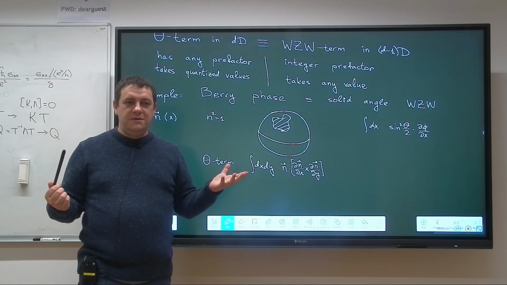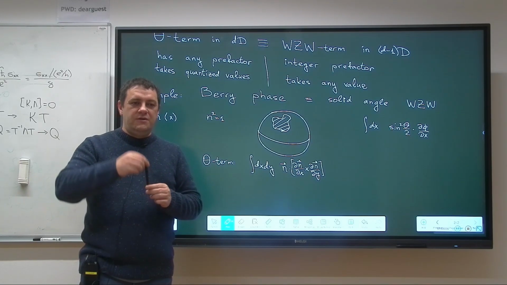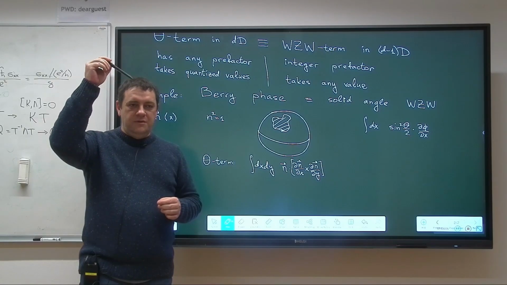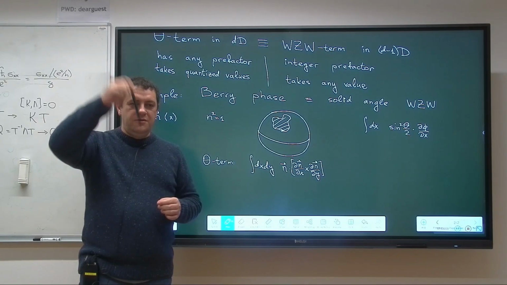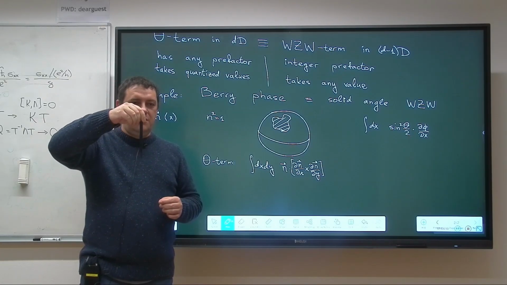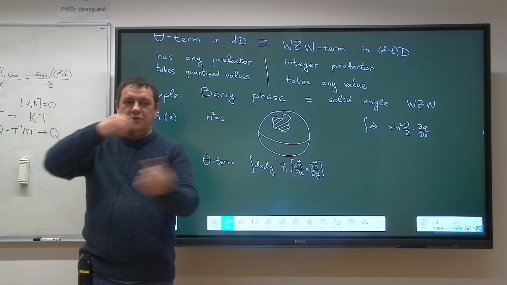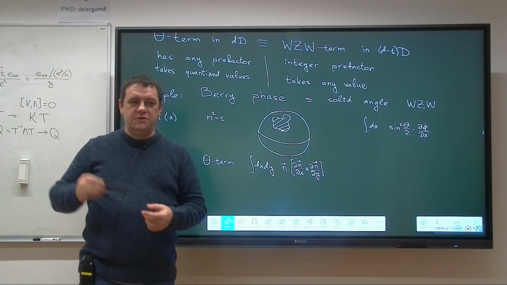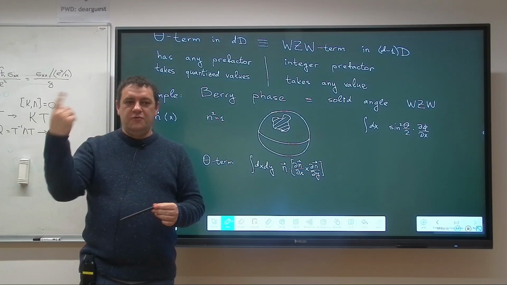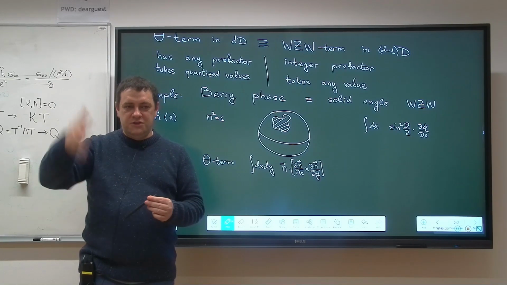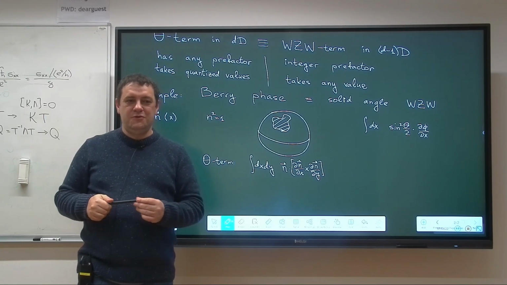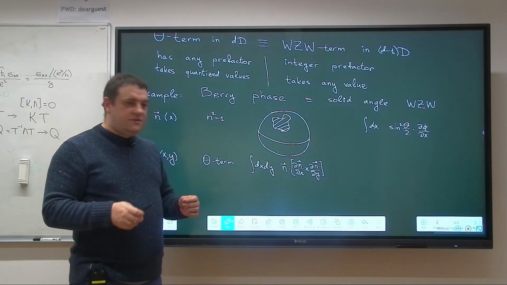Any ideas? It happens when n points, say, down, theta equals pi over 2, but phi can rotate. When the Earth rotates, the North Pole stays the same. I mean, the North Pole doesn't have a longitude. You can change the longitude and stay at the same point. And that's exactly how it happens.